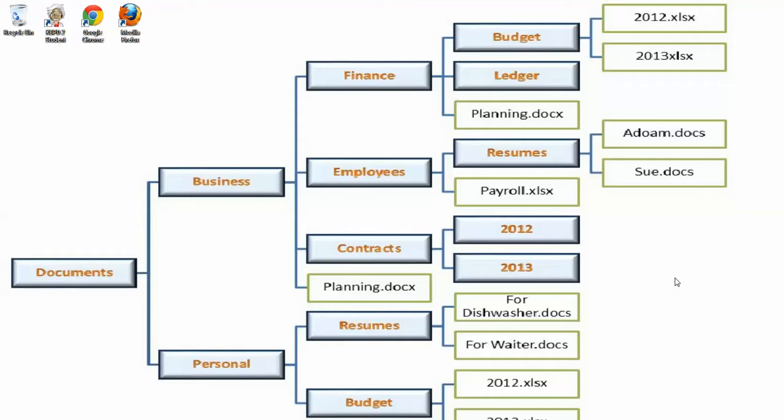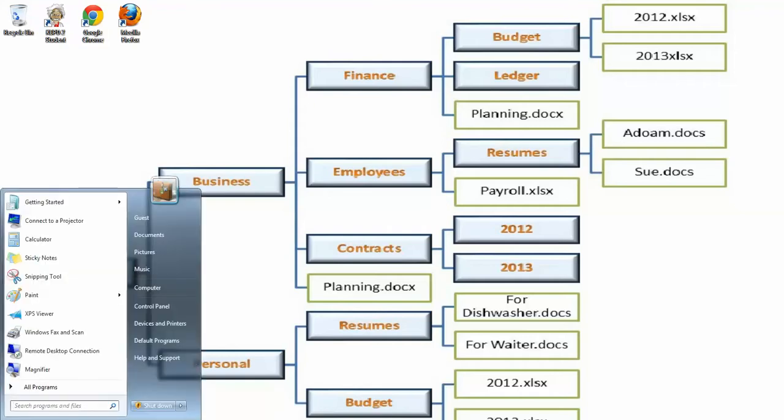So let's go ahead and create at least a part of this folder structure using Windows Explorer. To open Windows Explorer, you can just right click on the Start button. I don't think you can see it clearly, but once you right click, not left click, which is a normal click, that's not what I want.